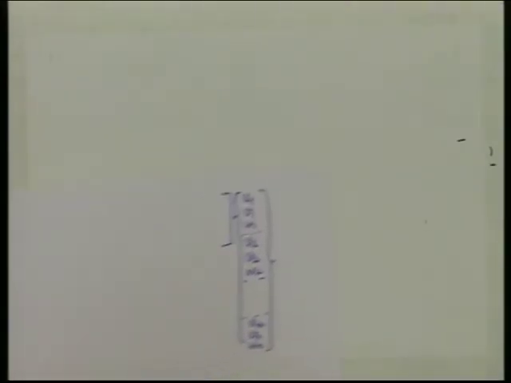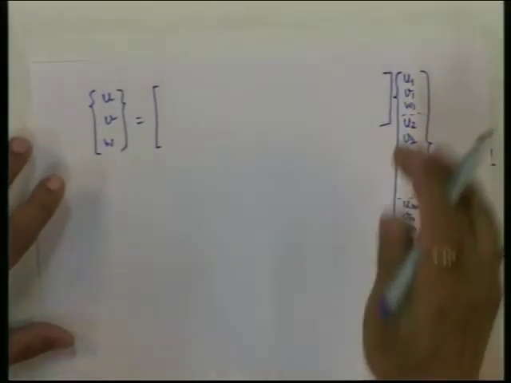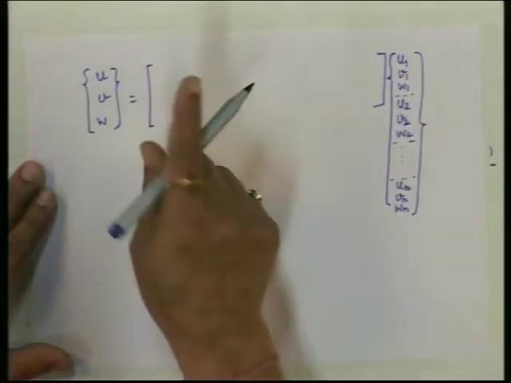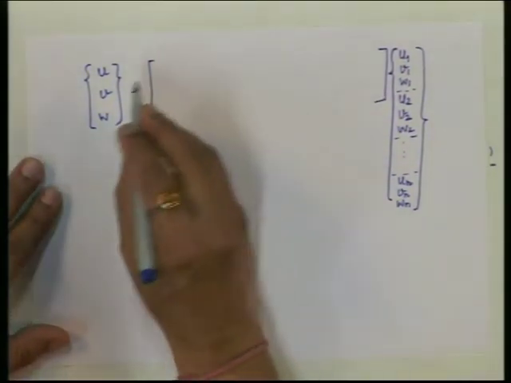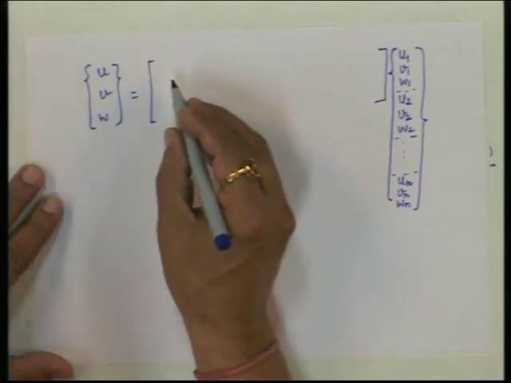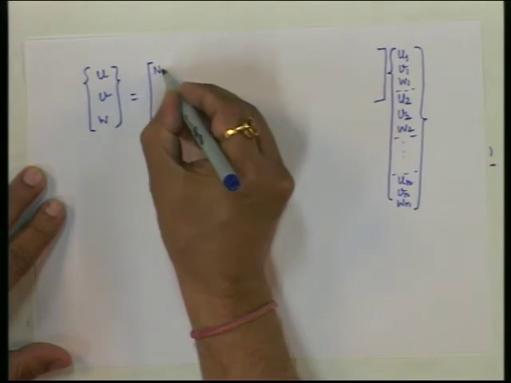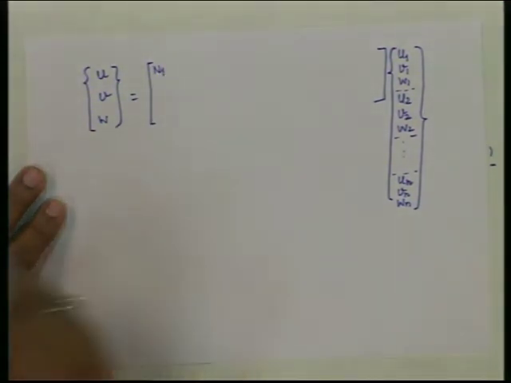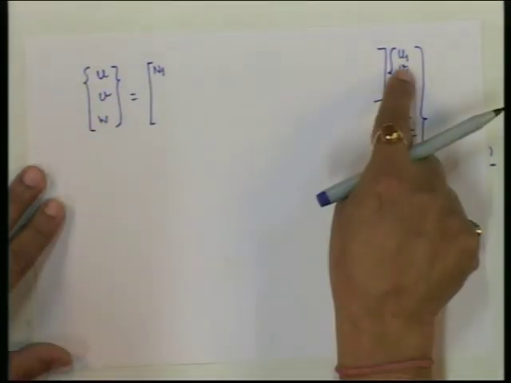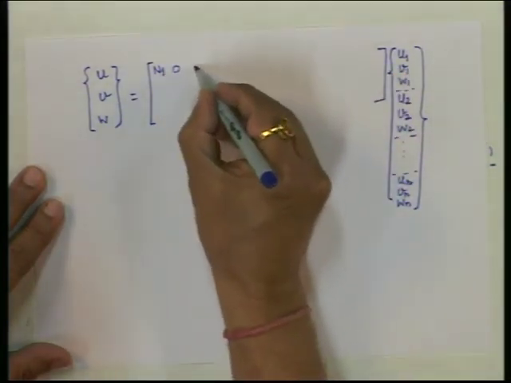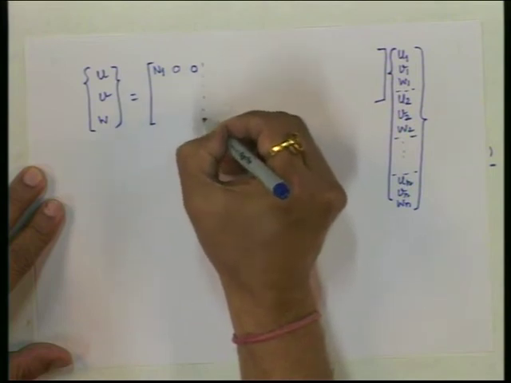Now, I want to write this in matrix form. The first one is N1 u1. So, what will be there? I will get here N1, the shape function N1 should be here, N1 u1. The next one here should be 0, so the first block should be 0 like this.